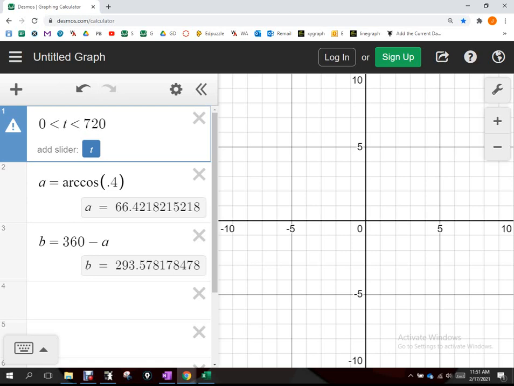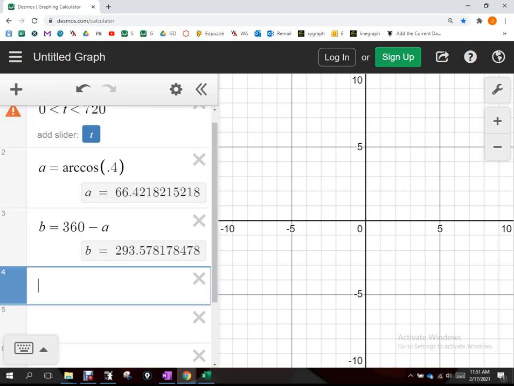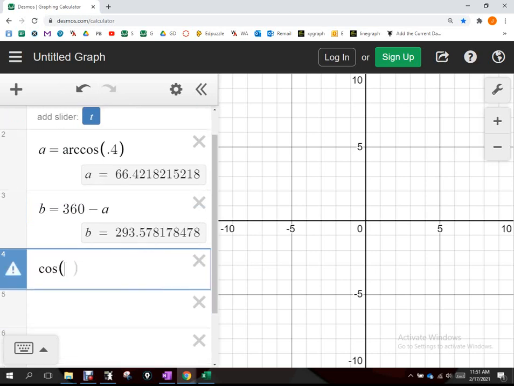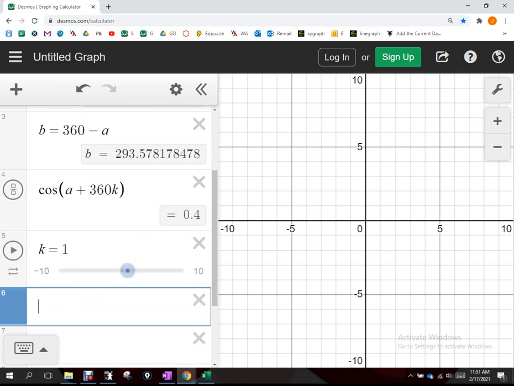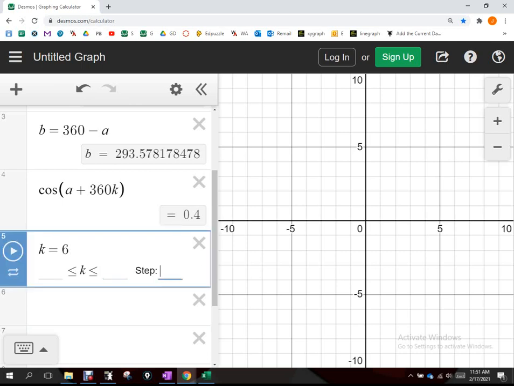at 360? So if I say, I'll just go to cosine of A plus 360, does that still give me 0.4? Well, if I go cosine of A plus 360K, let's add a slider for K. Does it matter? Let's make my steps 1 for K. Doesn't matter what K is.